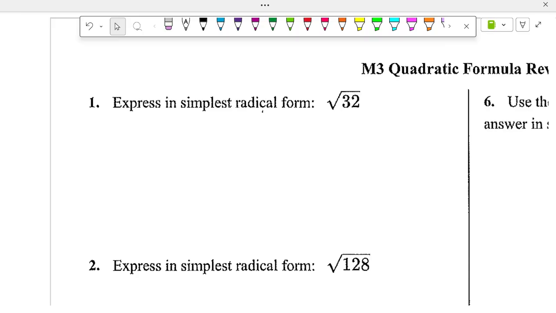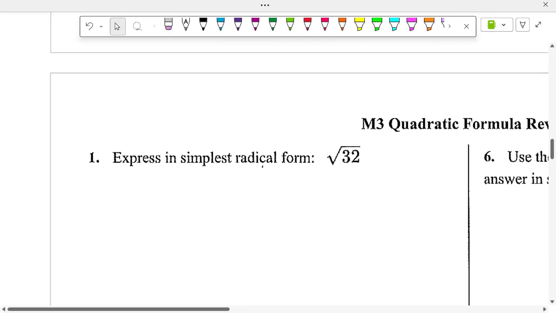So, when it comes to simplifying radicals, it's just something that you kind of have to know what to do. All right. So, the way you simplify a radical is, and I'll just write the steps up here.